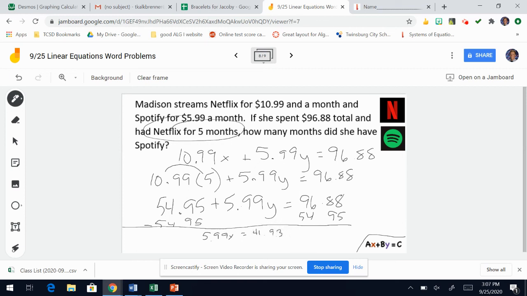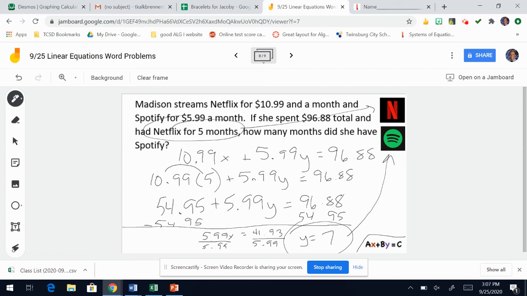We just want one y, not 5.99. So we divide by 5.99. And we're going to see how long we had Spotify for. And y equals 7 months. So Spotify was 7 months. We already were told Netflix was 5 months. So we had music for a little bit longer.